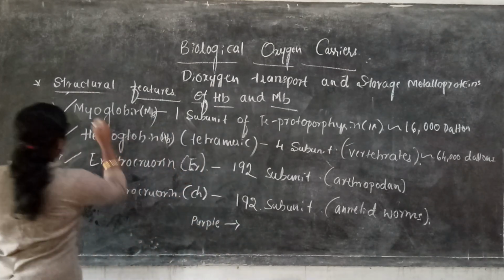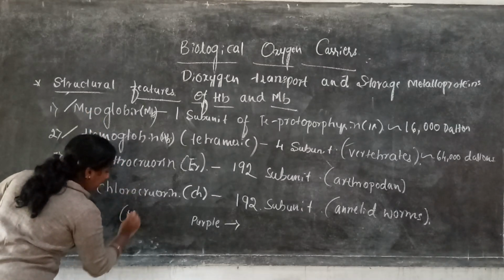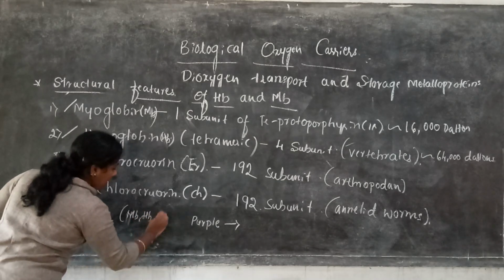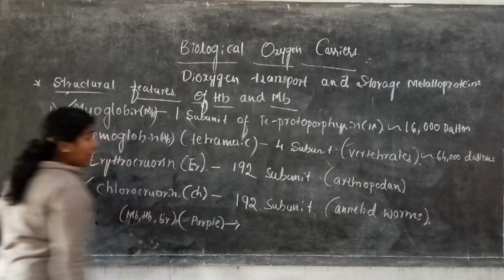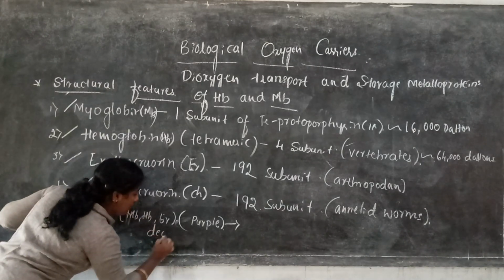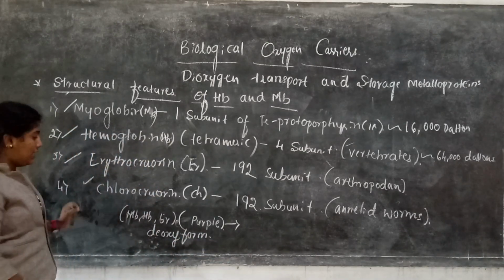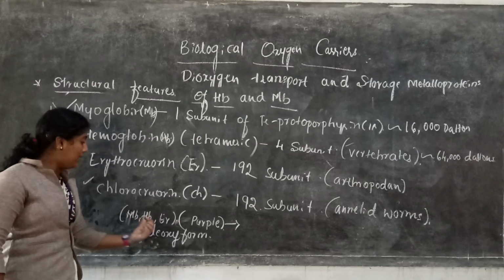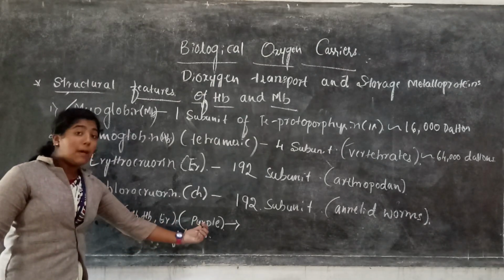Myoglobin, hemoglobin and erythrocruorin are in which color? Purple color, before oxygenation, in the deoxy form. In the deoxy form, hemoglobin, myoglobin and erythrocruorin are all in purple color.